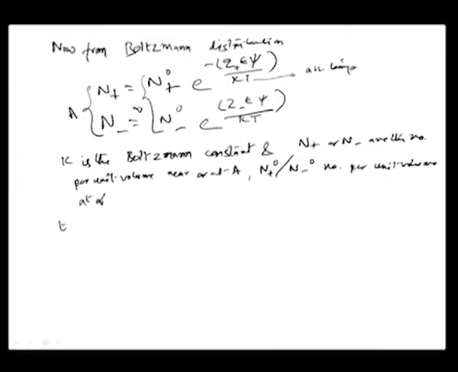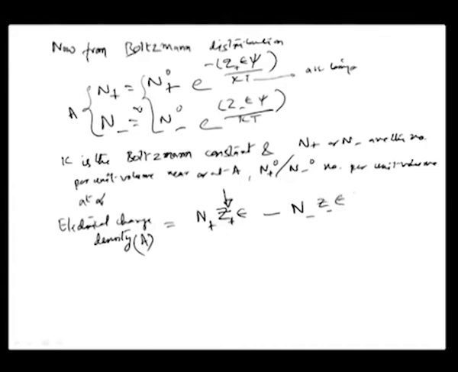So, the total electrical charge density at A can be given as the number of positive charges per unit volume at A times the amount of charge, let us assume the charge on one ion is Z plus epsilon, minus the number of negative charges per unit volume times the value of the charge Z minus epsilon on the negative ion.